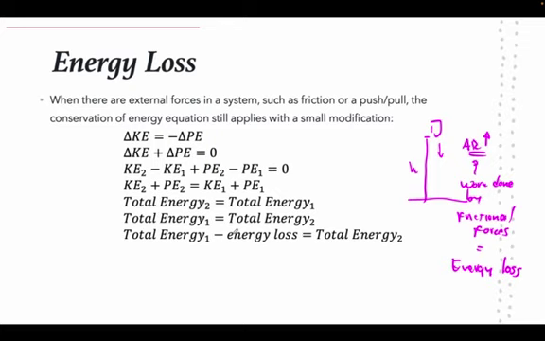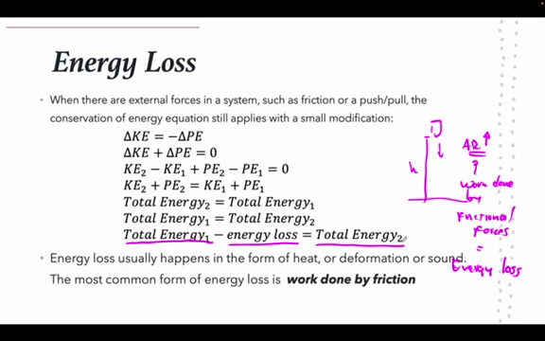So our equation changes a little bit. We have the total energy that we had at the beginning minus whatever energy we lost along the way, and that's going to be equal to the energy that we are left with at the end, right? In equation form, this would look like this.